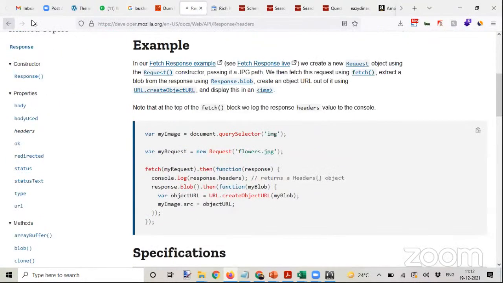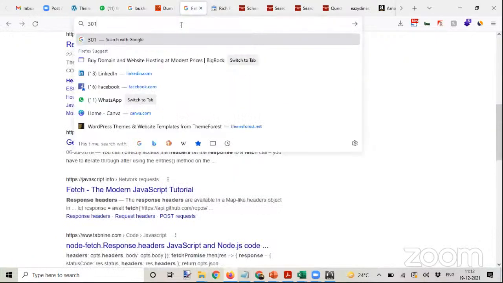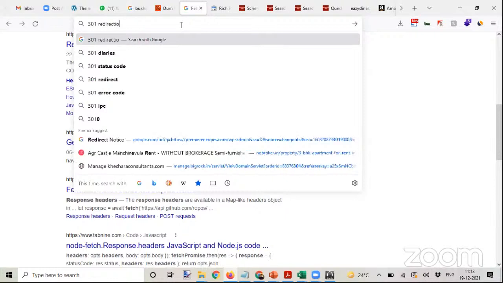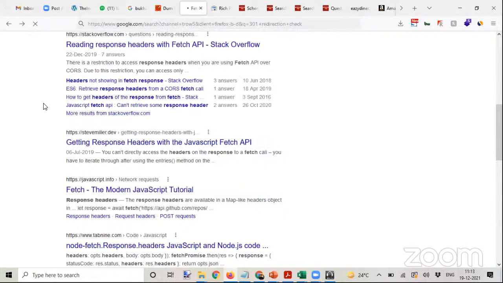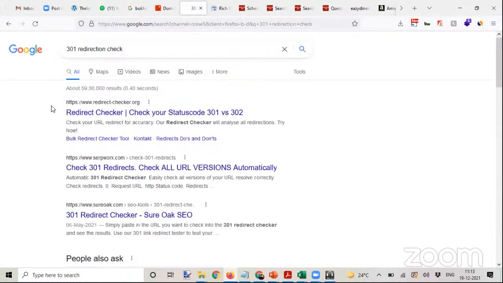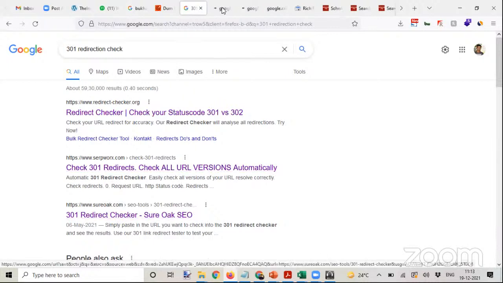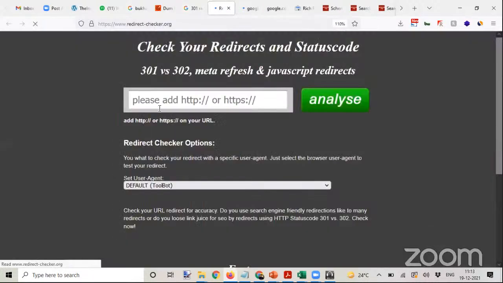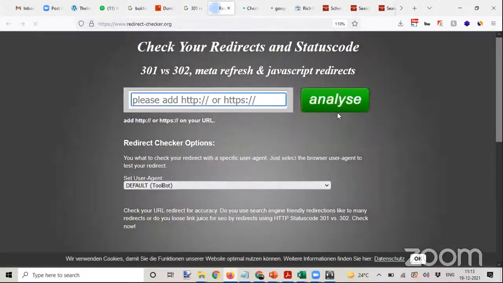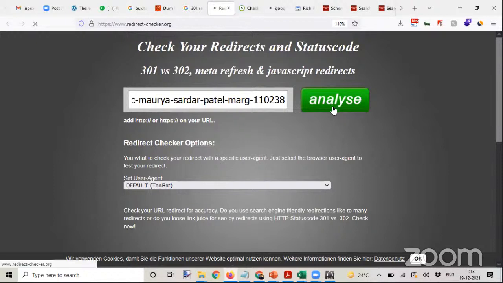There are other tools which showcase this. Let's check 301 redirection.